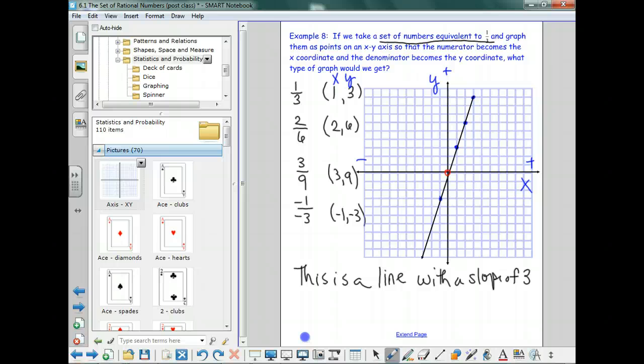Why not? Why is 0, 0, which is what it should be, not a point on this graph? Because it's not equal to 1/3. That's right. Close. Right, so 0, 0 is excluded.